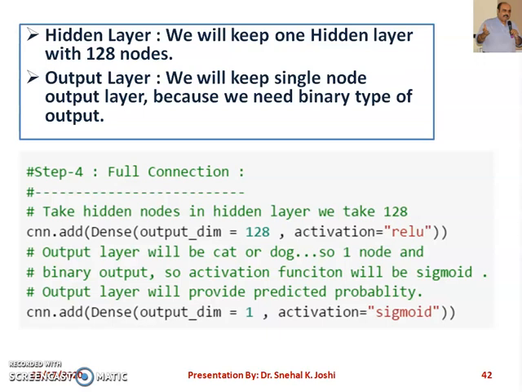The task of creating and coding the convolution neural network is over. We have defined the input layer, the hidden layers, and the output layer. Now it's time to compile our CNN model. To compile the model, we will use the compile function with the Adam optimizer.